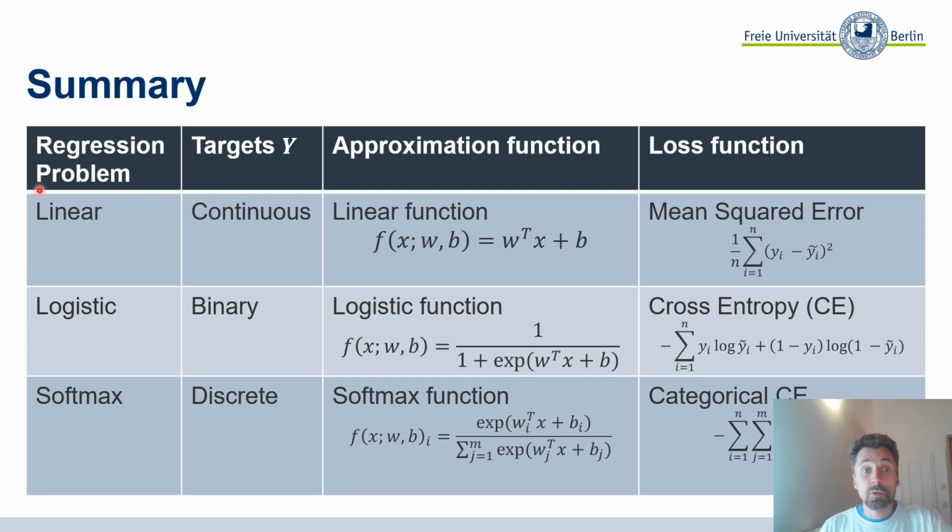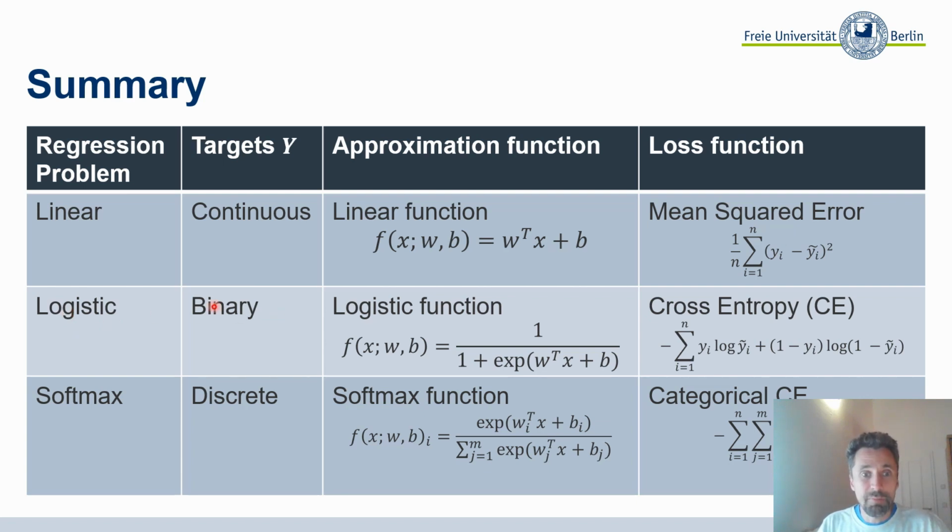So to summarize, today we've looked at linear regression, where we have continuous labels in a very simple model with parameters w and b, and we've optimized the mean squared error with the pseudo-inverse, and not iteratively like we've seen in the logistic case.